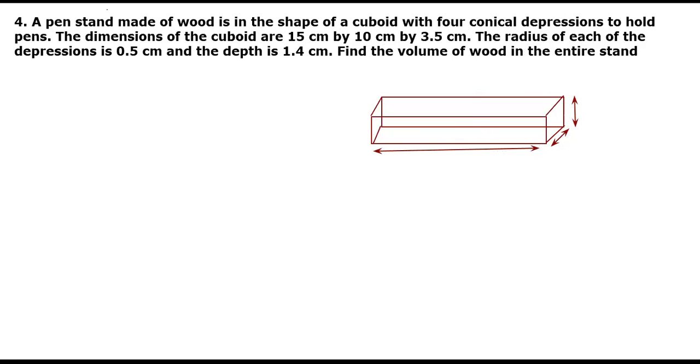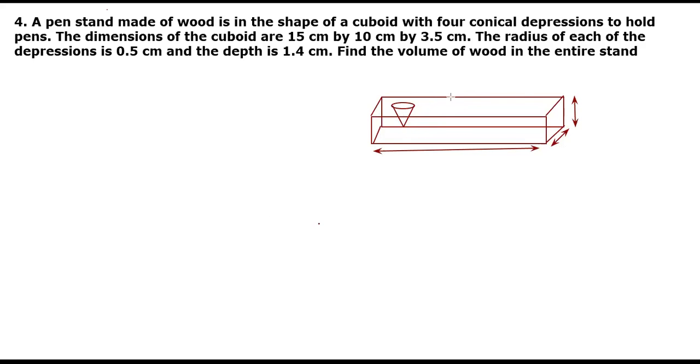I will try to show like this. They have conical depressions to hold the pen. This is one conical depression. So there are four conical depressions. I am not showing all four.